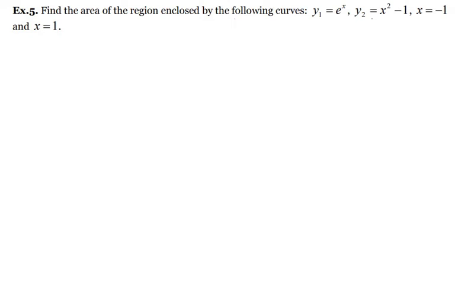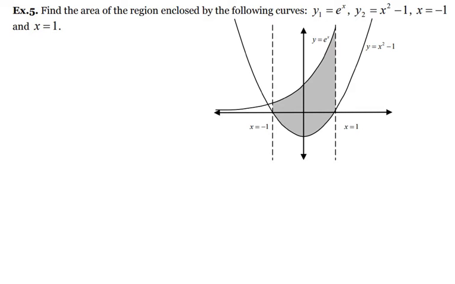So if you graph each function, you will have a graph that looks something like this. So we have e to the power of x, and y equals x squared minus 1. This point right here is negative 1, and this point is 1, 0. This point is negative 1, 0.